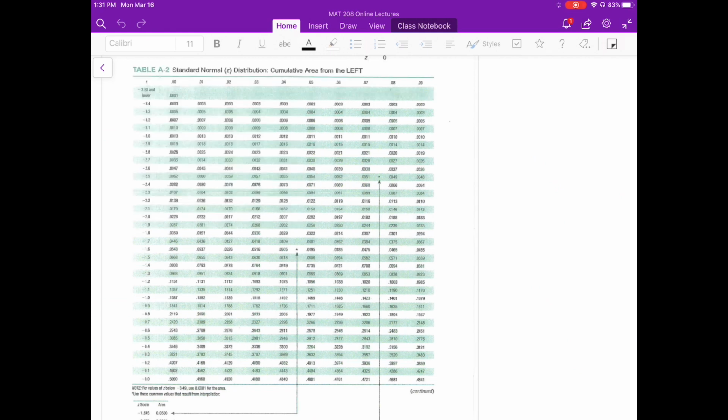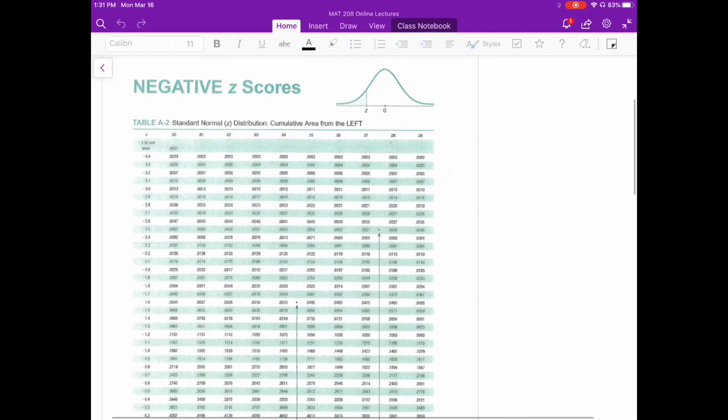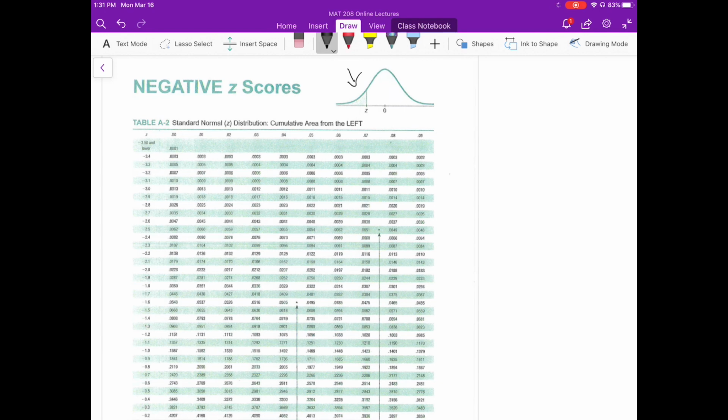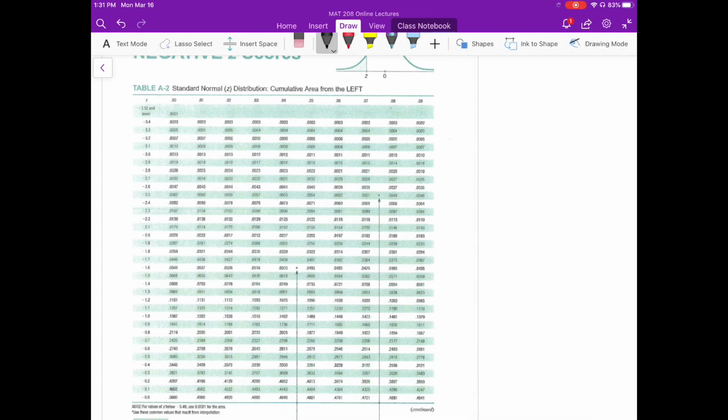Here's our table with the negative values. If we look up at the top, it shows us the areas to the left. And I want 0.025. I'm going to look for 0.025. So I'm looking, and I see 0.025 right there. What that tells me is, I look at the row, that means the first two digits, the ones place and the tenths place, is 1.9, and its column right here is 0.06.